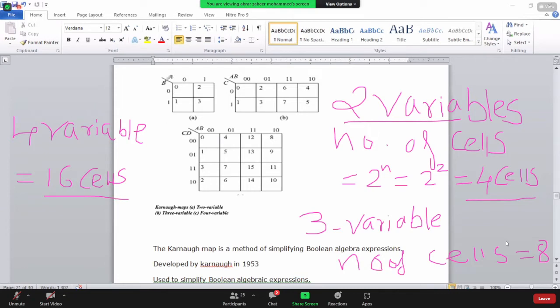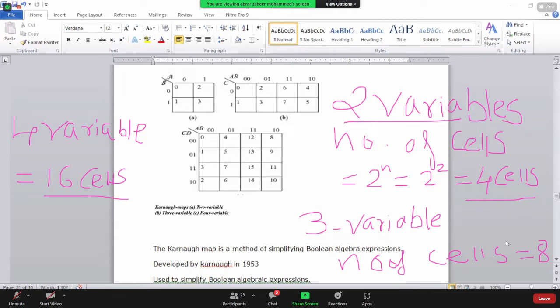So this A and B are the inputs, or the variables. For the two variable K-map, we have the two variables A and B. The value of A can be either 0 or 1, and the value of B can be either 0 or 1. So one variable can have two combinations, meaning either it can be 0 or it can be 1.